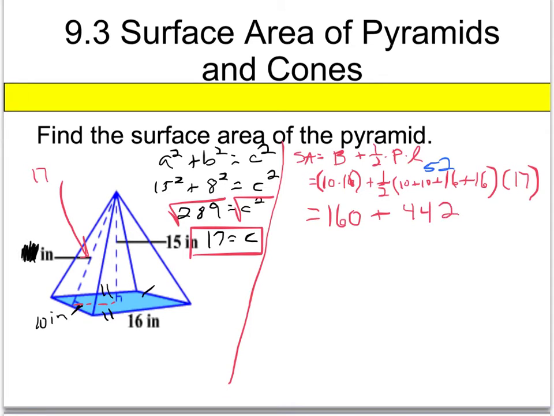Adding that to your already 160, you get an overall surface area of 602. What are the units? You got it. Inches squared. That is the surface area of a pyramid. Get that slant height first, then solve.